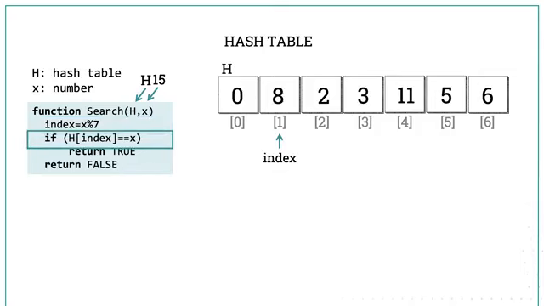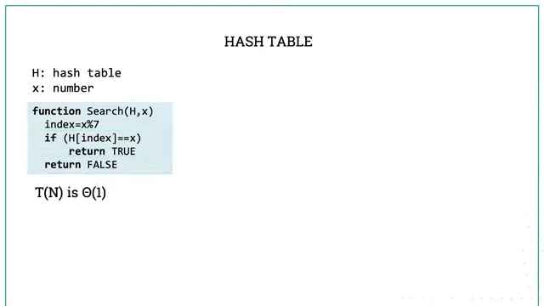No, number 15 is not stored in position 1, so we return false. You can prove that this algorithm has a time complexity equal to theta(1). That is, the time taken to execute the search is constant and it does not depend on the size of the hash table, which is the best we can get.